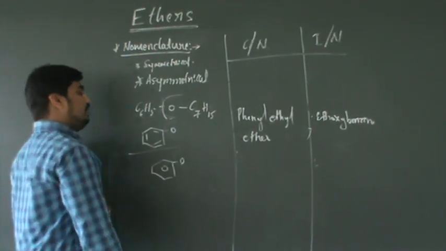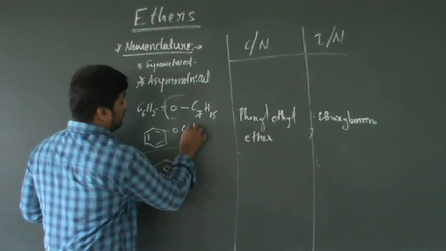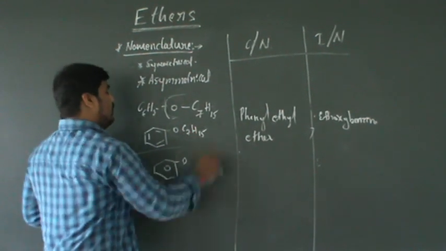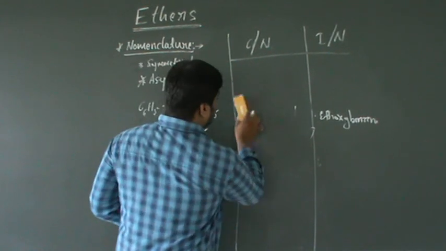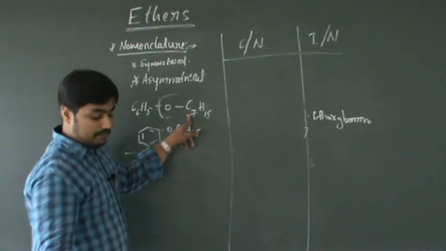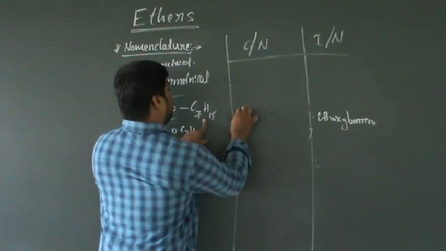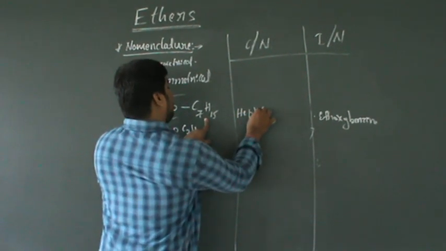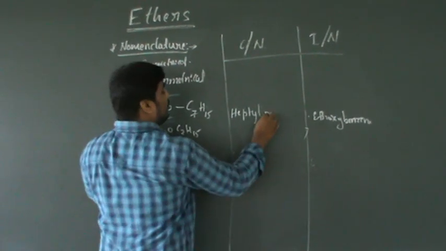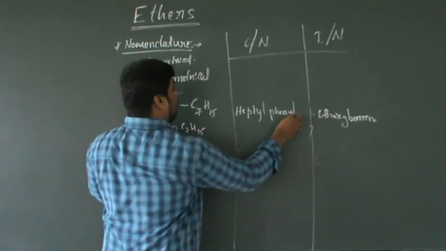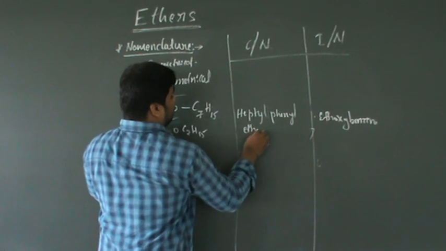So C7H15. What is the name of this compound? This is the bigger part, hept, therefore it is heptyl. This one is the smallest part. Heptyl phenyl ether.